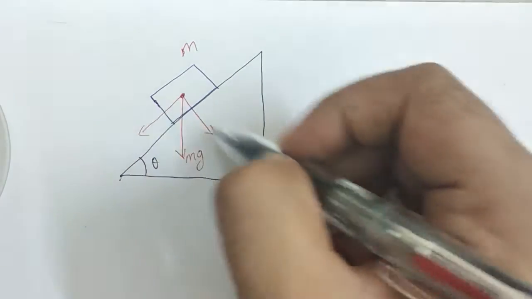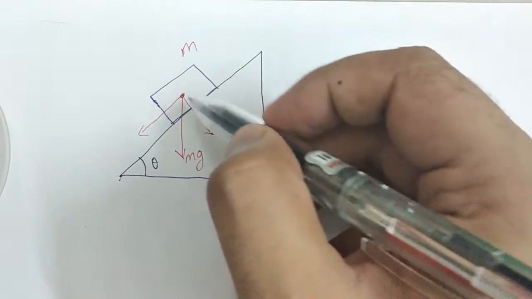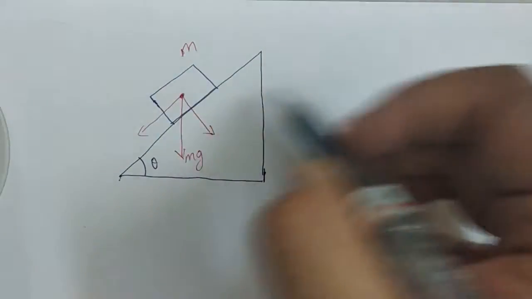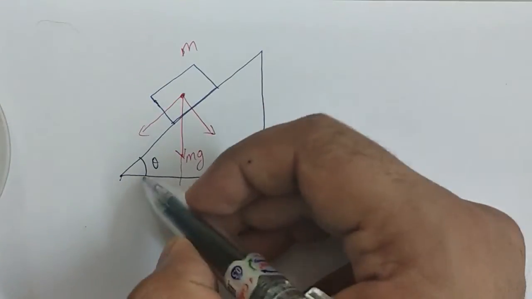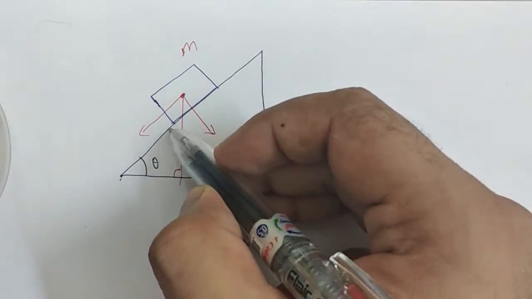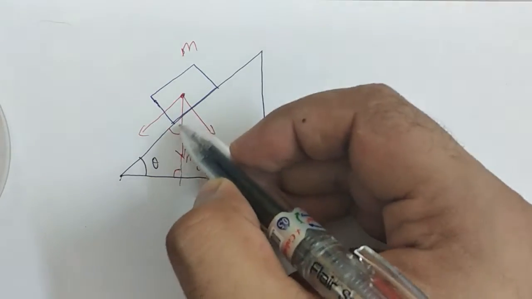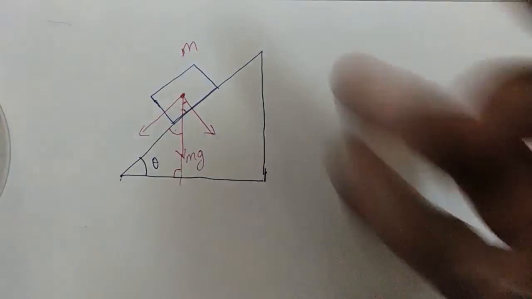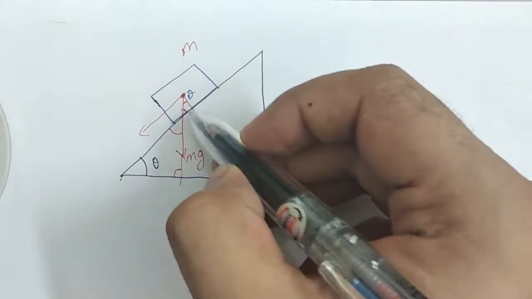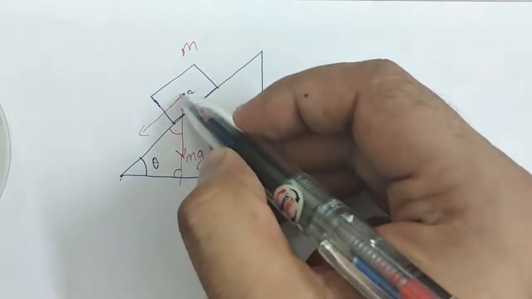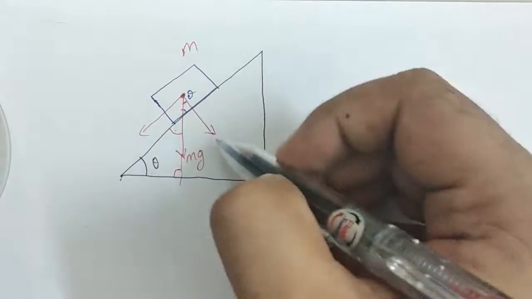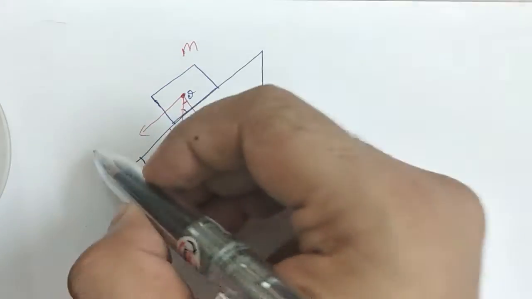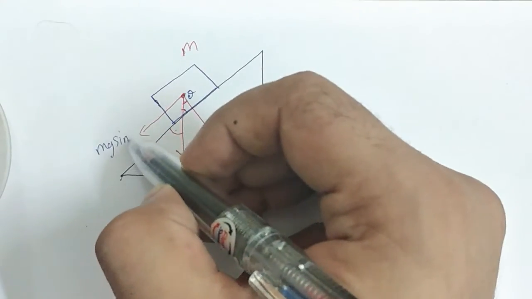This is the component perpendicular to the plane, and this is the component along the inclined plane. If you look closely, this angle is 90 degrees, this is 90 minus theta, and this is a vertically opposite angle, so this angle would consequently be theta. So we can resolve this into two components: this is mg cos theta and this is mg sin theta.